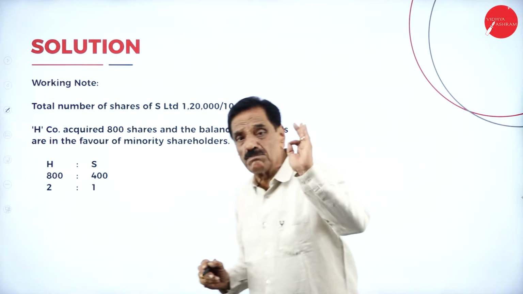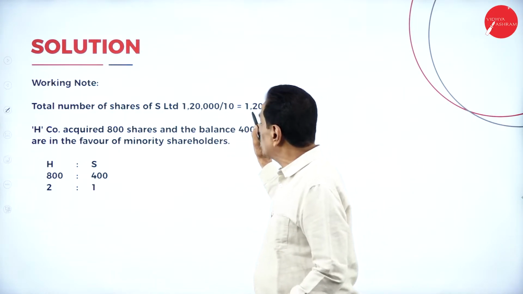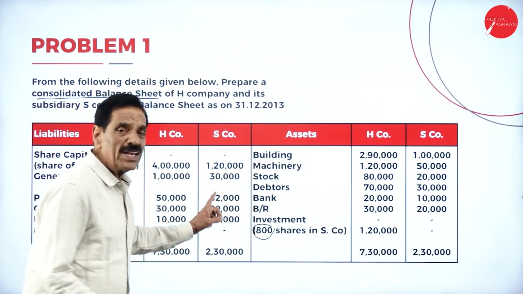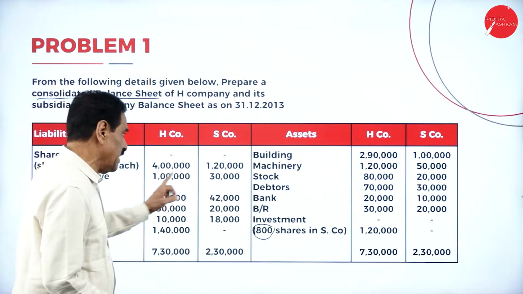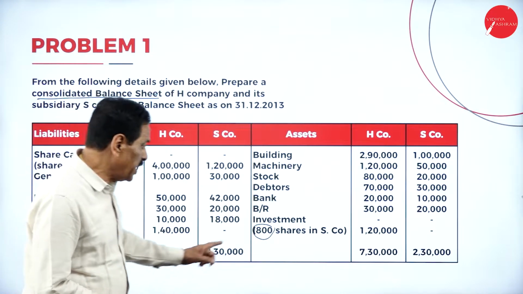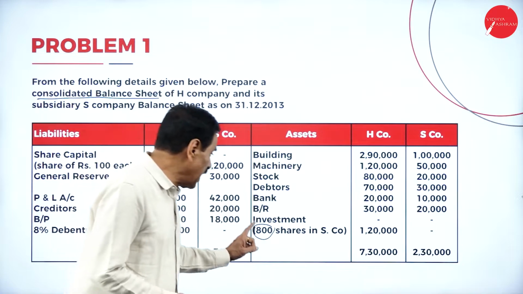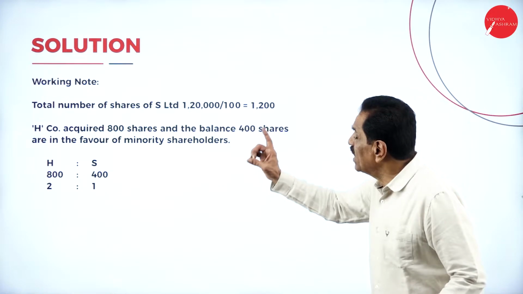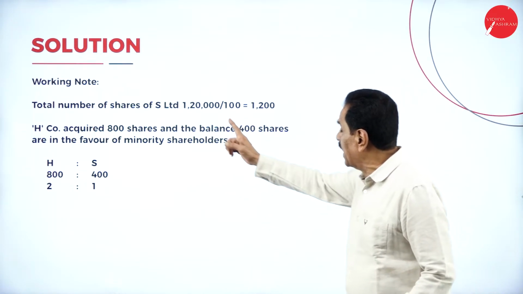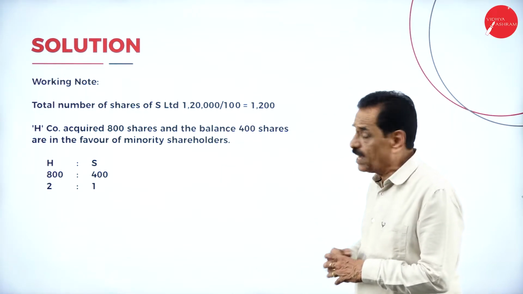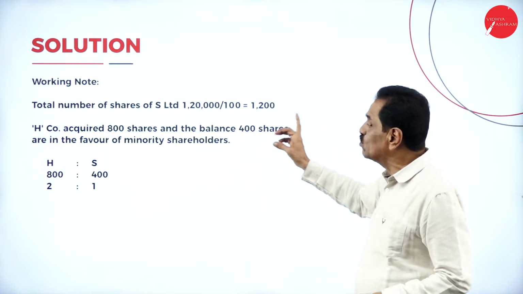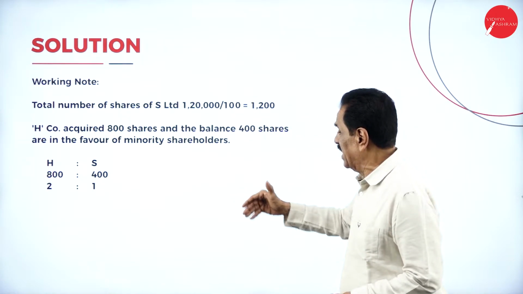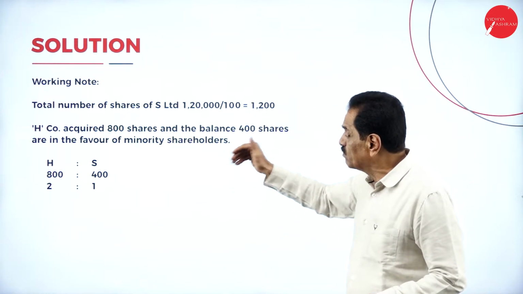So what is the total number of shares in S Limited? 1,200 shares. Out of that, H company acquired 800 shares for rupees 1,20,000. S Limited has 1,20,000 capital, divided by 100 is 1,200 shares. H company acquired 800 shares, and the balance 400 goes to the minority.